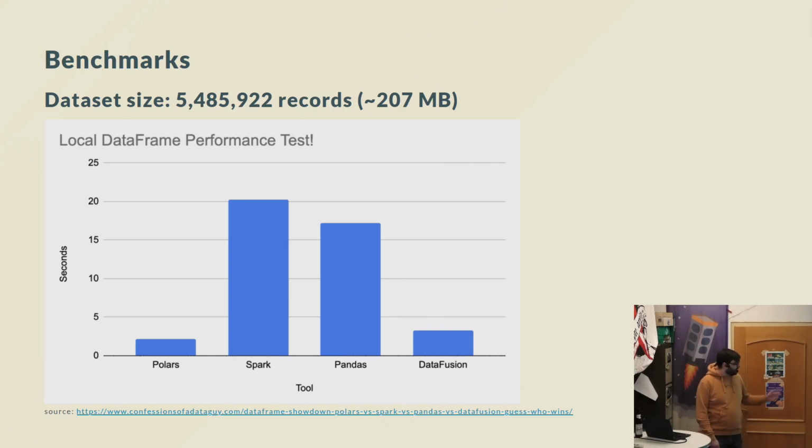The guy's blog is called Confessions of a Data Guy. He gave it a spin on this data set to figure out essentially how fast this can go. So it is very, very fast. That is basically the gist of it.